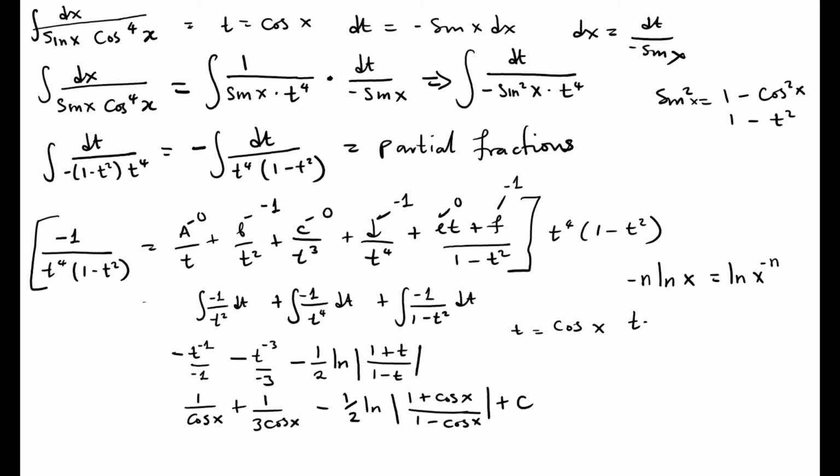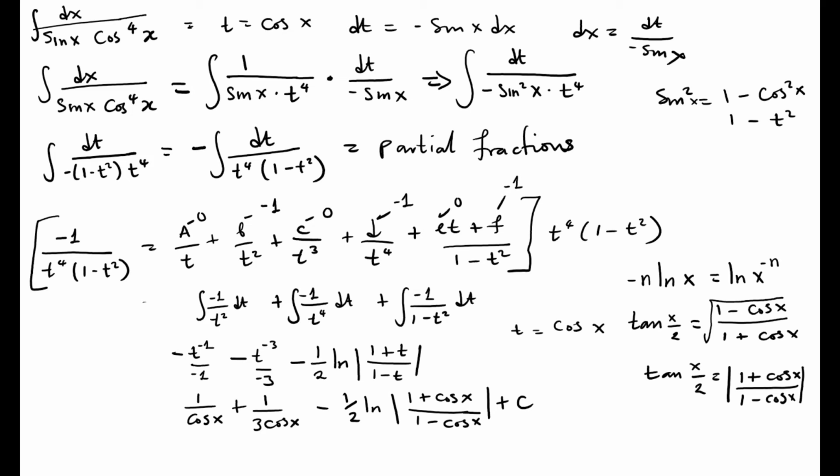Then also you know that tan of x over 2 is equal to the square root of (1 minus cos of x) over (1 plus cos of x), which is just the same as tan of x over 2 is equal to [(1 plus cos of x) over (1 minus cos of x)] to the power -1 over 2.